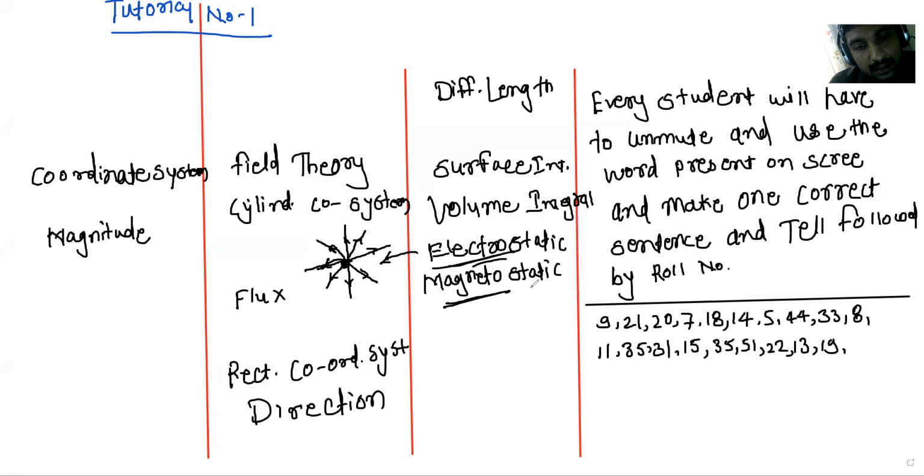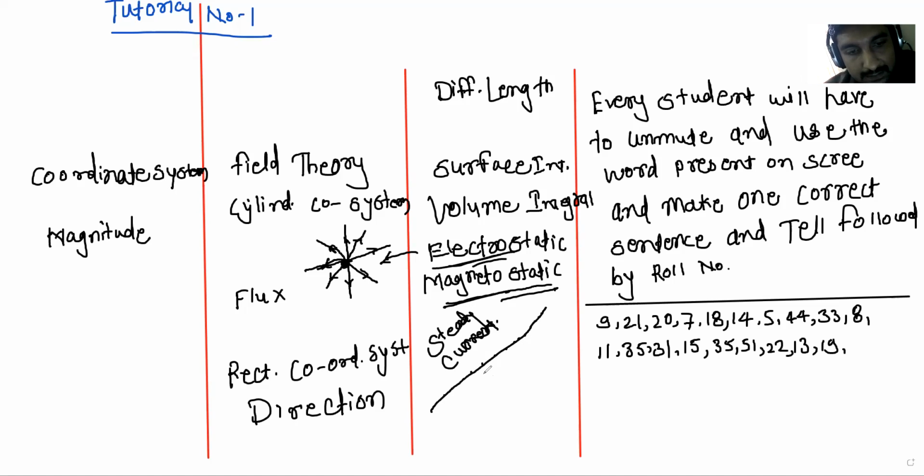But in case of magnetostatic field, it is produced by uniformly moving charges. When we say charges are moving, that means current is flowing, right? So what do you mean by current? Current is nothing but flow of charge. If the charges are flowing through this wire with a uniform velocity, uniform speed, then we call it a steady current.